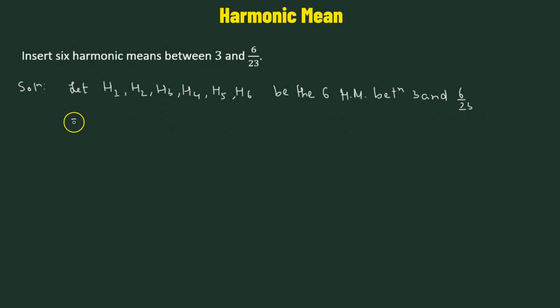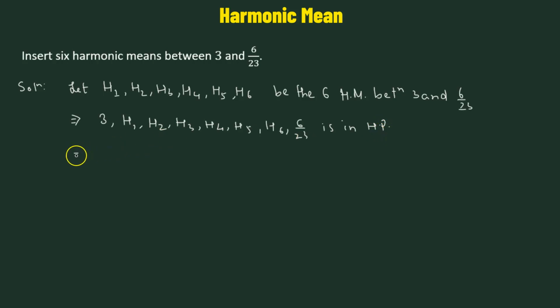Then we can say that the first term being 3, followed by h1, h2, and so on up to 6 over 23. Then this sequence is going to be in a harmonic progression.